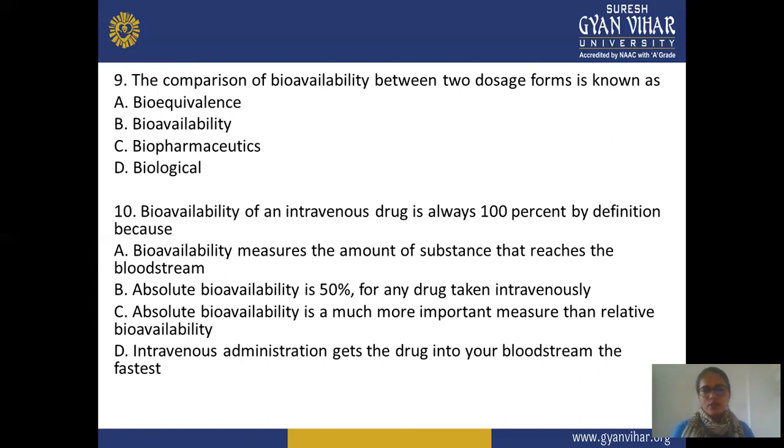Next, the tenth question: bioavailability of an intravenous drug is always 100% by definition because A, bioavailability measures the amount of substance that reaches the bloodstream. B is absolute bioavailability is 50% for any drug taken intravenously. C is absolute bioavailability is a much more important measure than relative bioavailability. D is intravenous administration gets the drug into the bloodstream fastest.